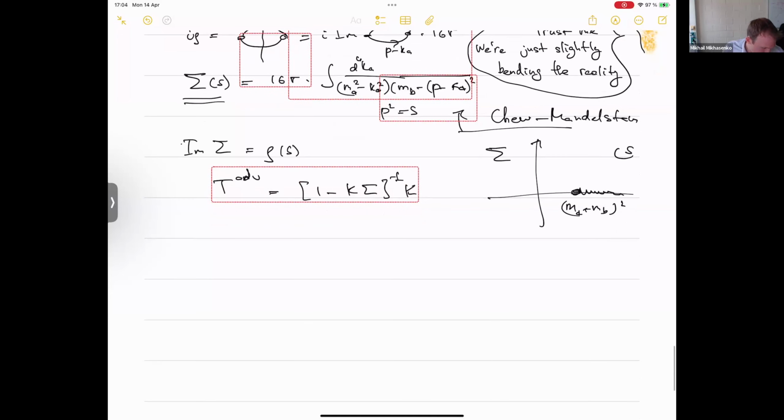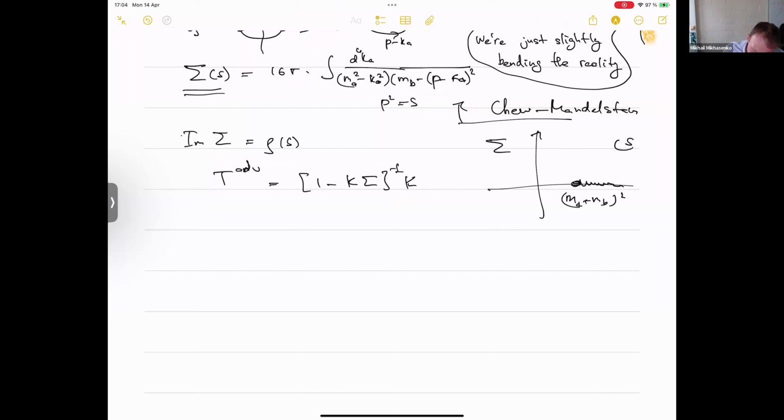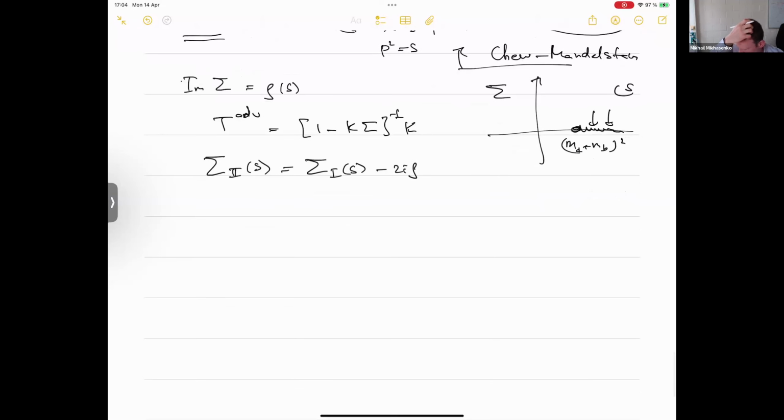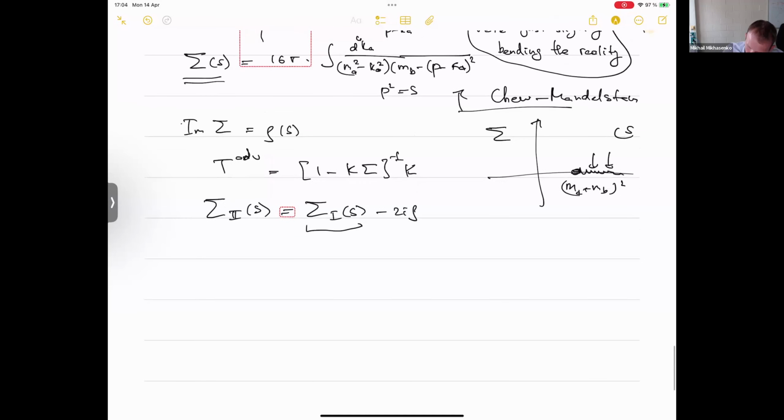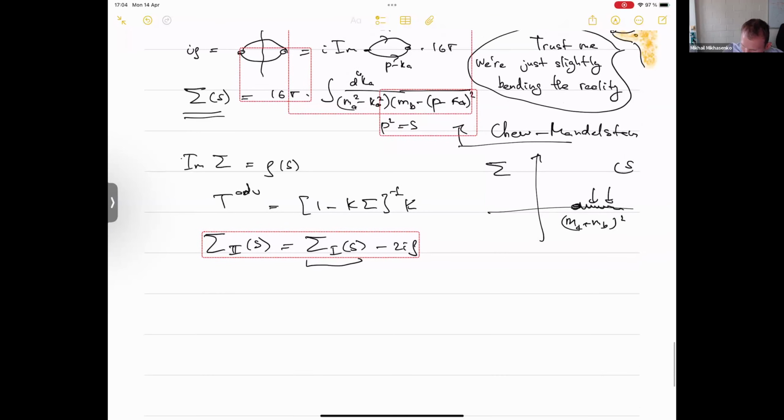And T is analytically continued. Let me maybe first put sigma of S as sigma first, S minus 2i0. My field-theoretical amplitude, the one given by the loop diagram, can be computed anywhere in the complex plane, and in fact it's analytic everywhere except the branch point and branch cut starting from the threshold.